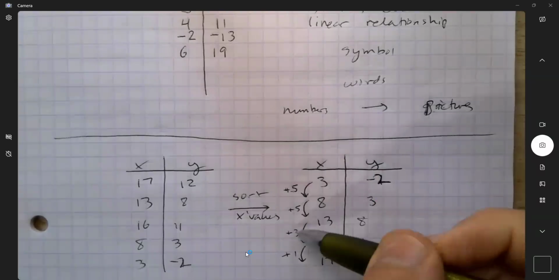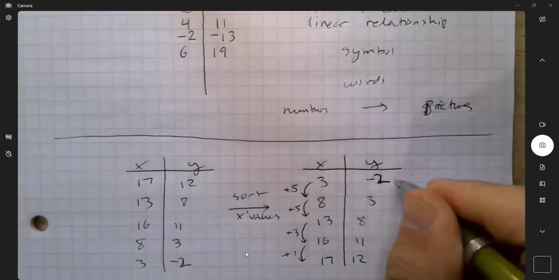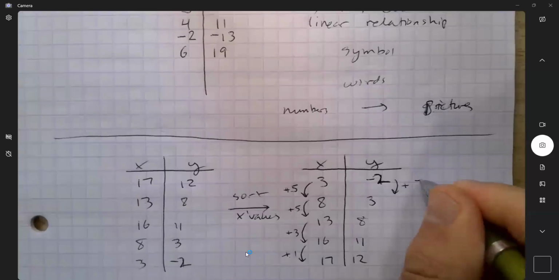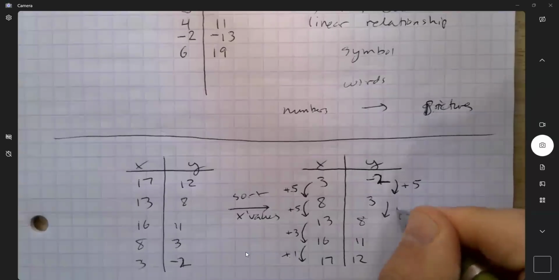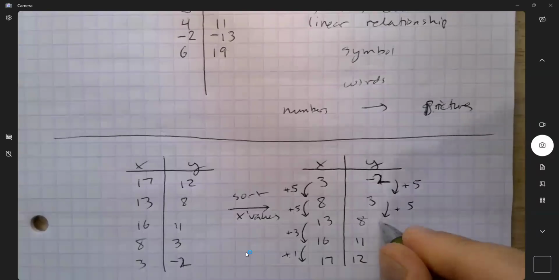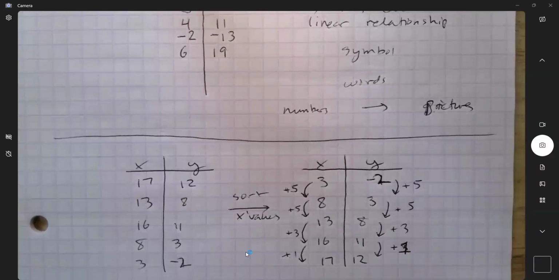So I sorted from smallest to largest with my X's and Y's. Then I counted the change in all my X's. Now I'm going to count the change in the Y's. That changes by 5. 3 to 8 changes by 5. 8 to 11 changes by 3, and 11 to 12 changes by 1. Notice when X changes by 5, Y changes by 5.